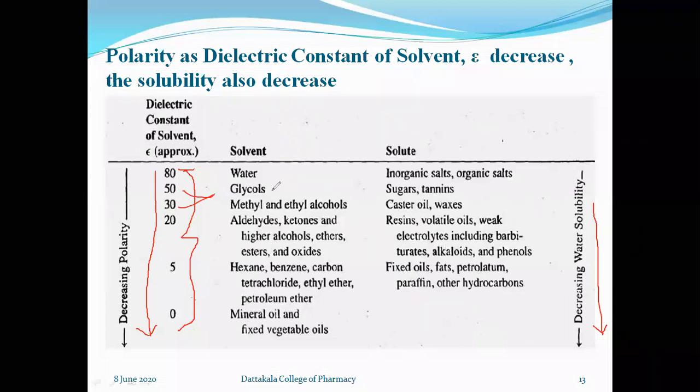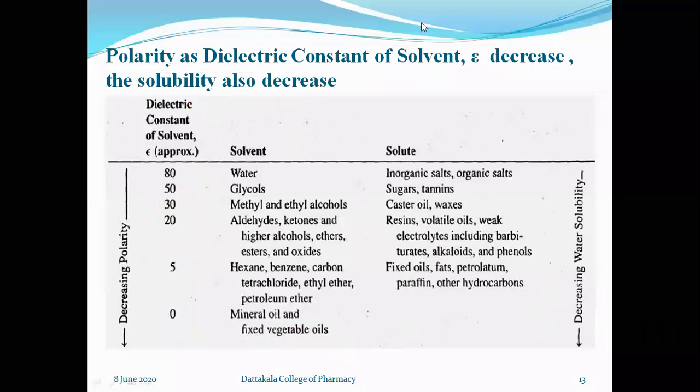Glycol again will be soluble, but when you go to hexane, benzene, tetrachlorides, mineral oils, fixed vegetable oils, fatty acids, the fats, the water solubility decreases. This is due to a decrease in polarity, and polarity is decreased due to the low dielectric constant value.